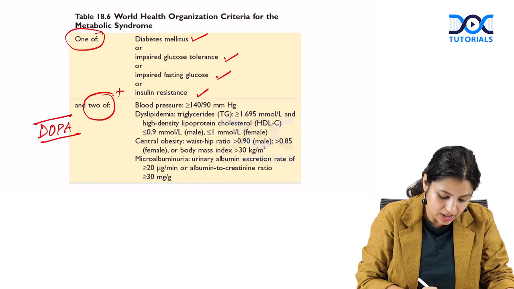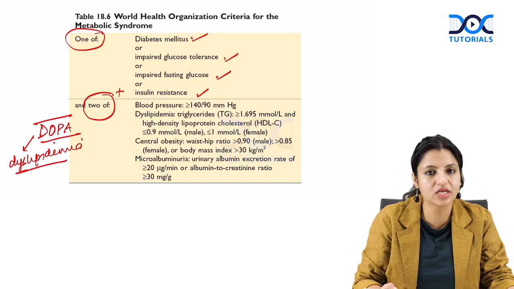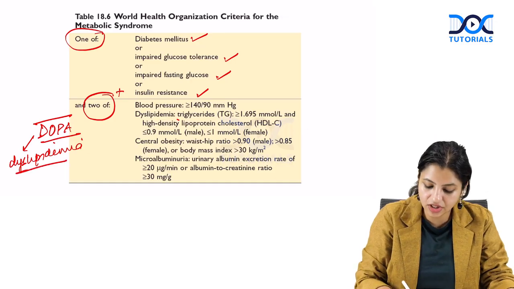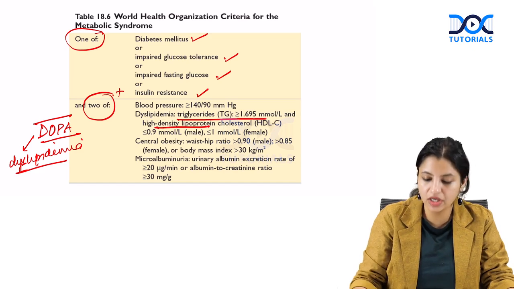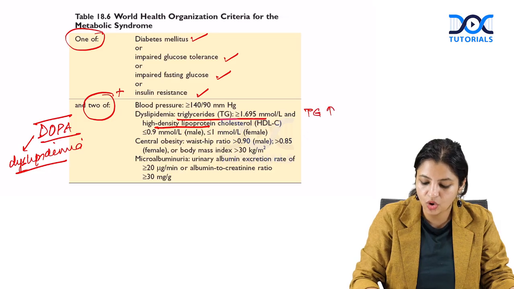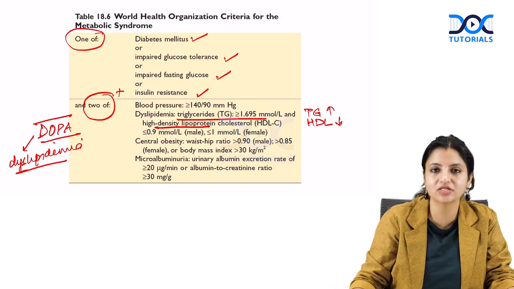Okay, so what is D? D is dyslipidemia. Okay, so first there should be dyslipidemia. How do you assess dyslipidemia? Either the triglyceride should be high or your HDL should be low. Okay, so either your triglycerides are high or your HDLs are low, then you will say that there is dyslipidemia.